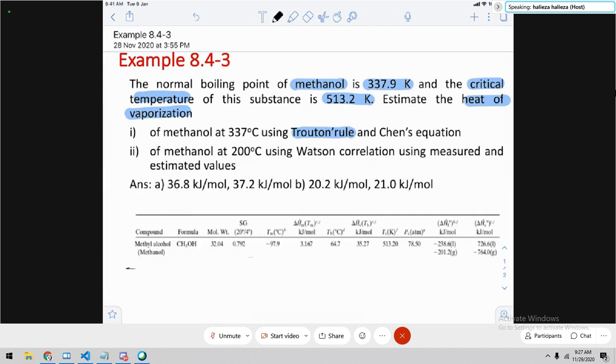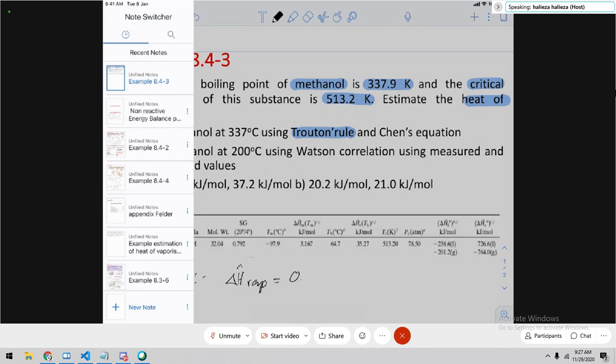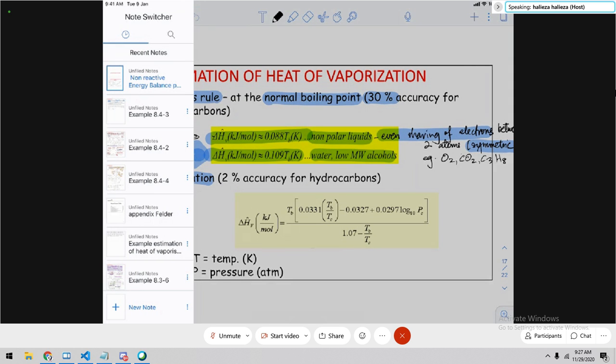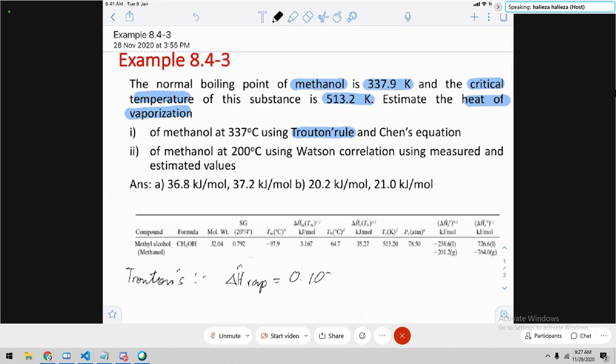Your Thornton's rule in this case: latent heat of vaporization is equal to 0.109 times TB, which must be in Kelvin.